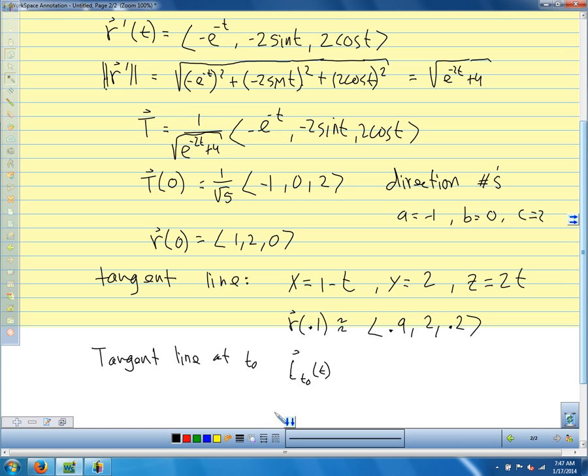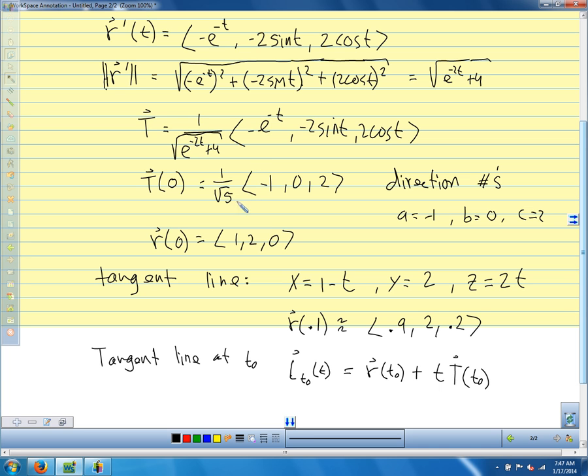So our vector equation of our tangent line is r, our position at t0, that's what we did here, plus t times our unit tangent vector at t0.